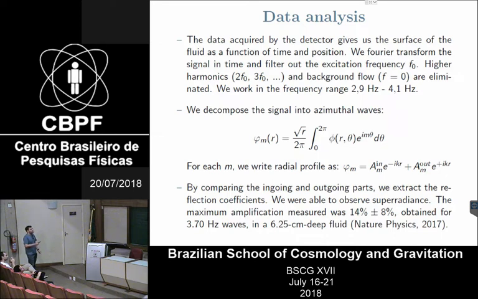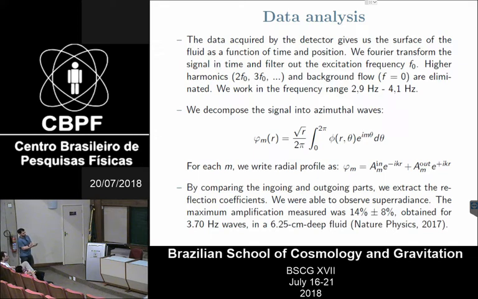We have some higher harmonics, twice and 3 times the frequency, but we were careful to make them small, and we also filter the background flow, which is a zero frequency signal. So we work here in the range 3 Hertz to 4 Hertz, more or less.